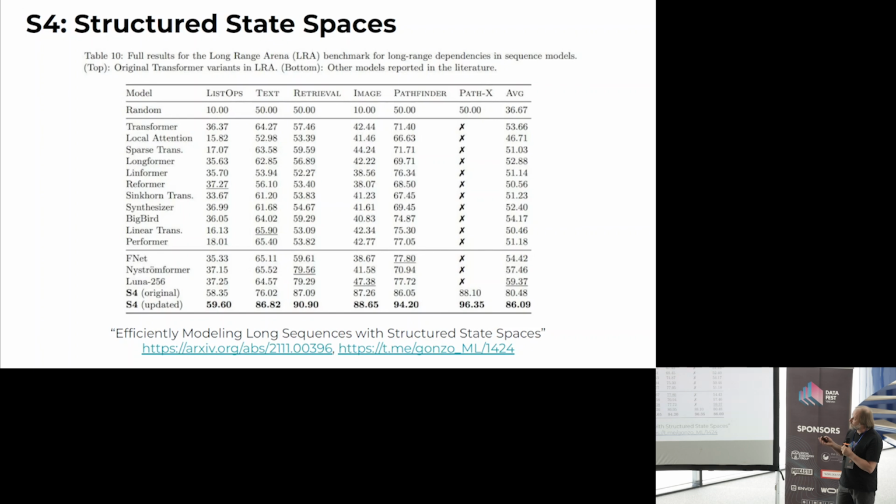And this S4 was really good on, say, the Long Range Arena. Long Range Arena is a very complicated benchmark that assumes you have to solve tasks on very different long sequences, and on these long sequences, a typical problem is just to maintain context, and vanilla transformers just could not work with long contexts.